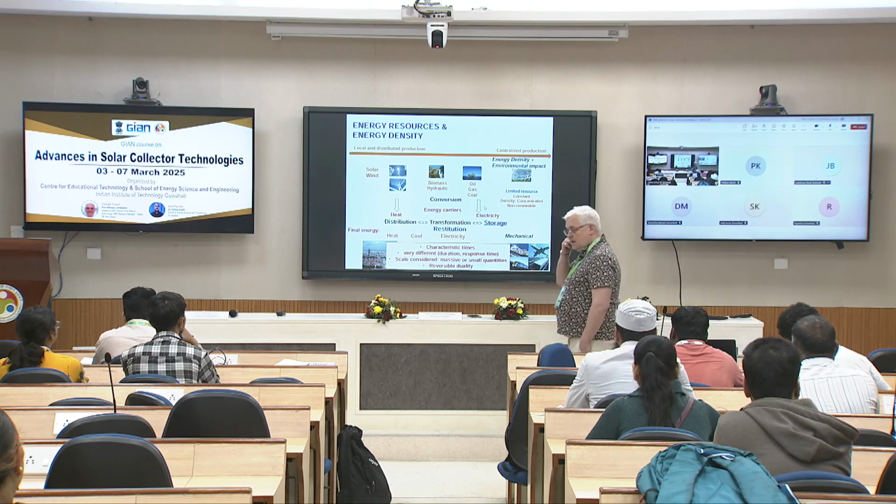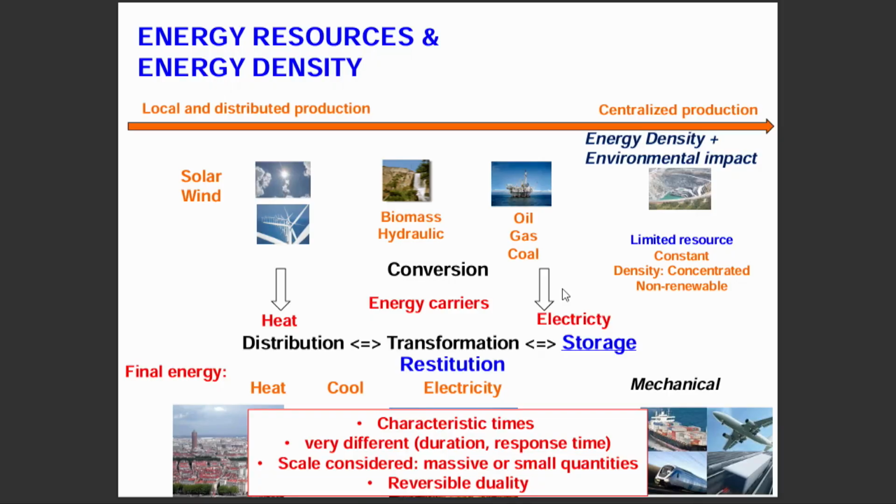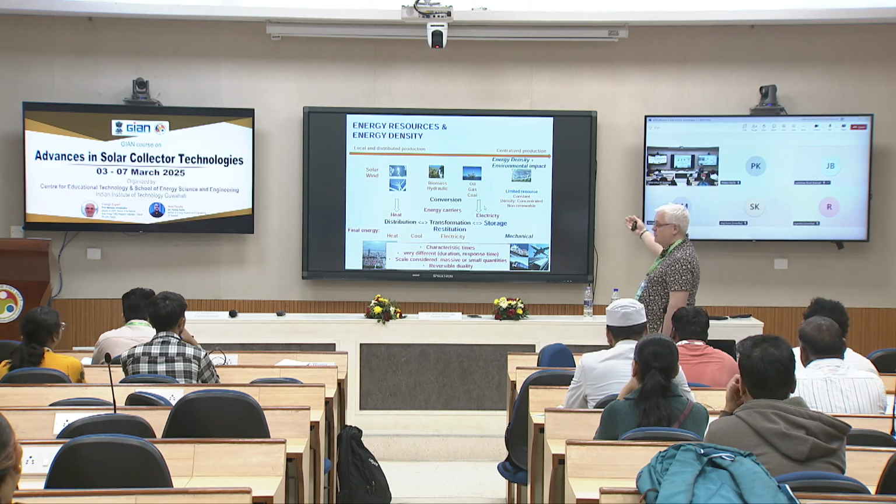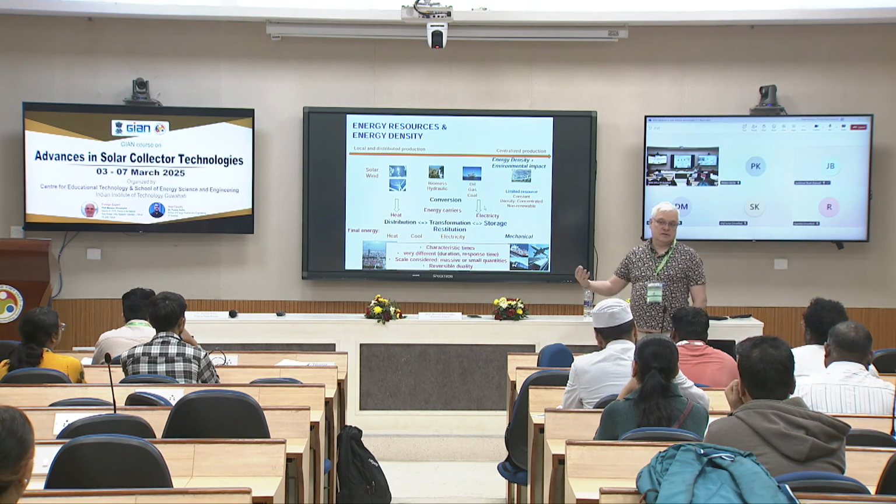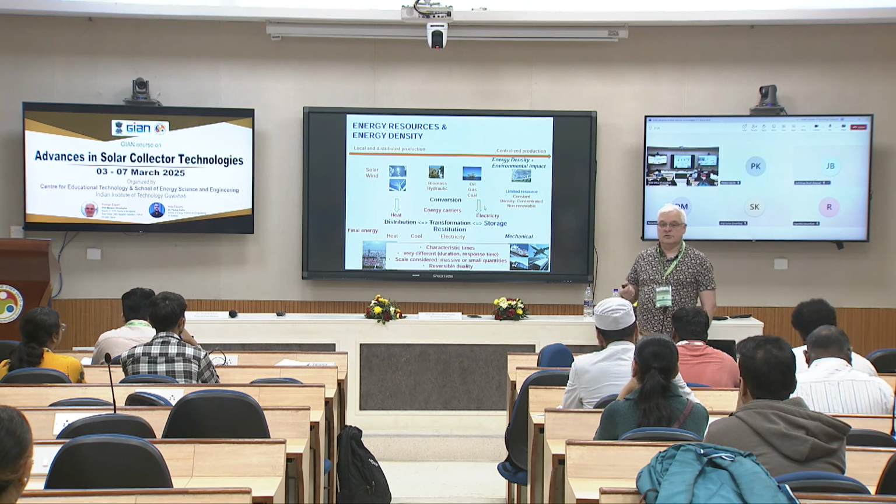Some conversions are quite energy consuming in terms of efficiency, and for sure you have to think about storage to deal with intermittency: night and day, winter and summer, cloudy and sunny. Whereas for the others you can produce constantly and storage is not an issue.